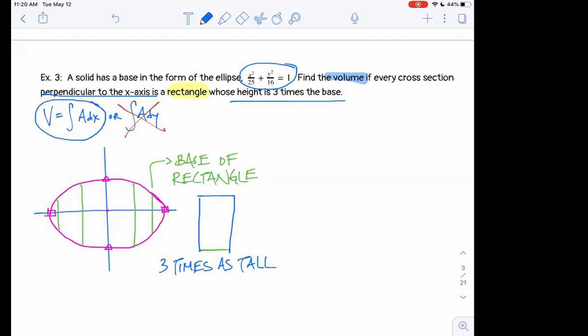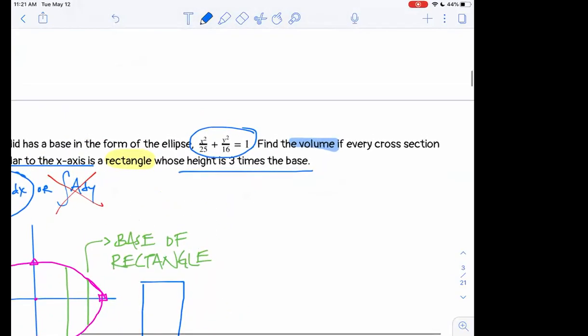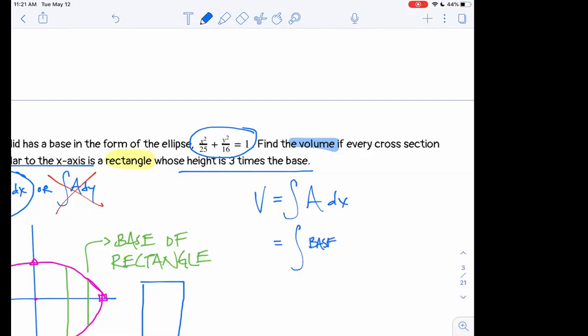Okay, so now we need to think about our area formula. So we've got volume equals the integral of area dx. And I know that the formula for an area of a rectangle is base times height.